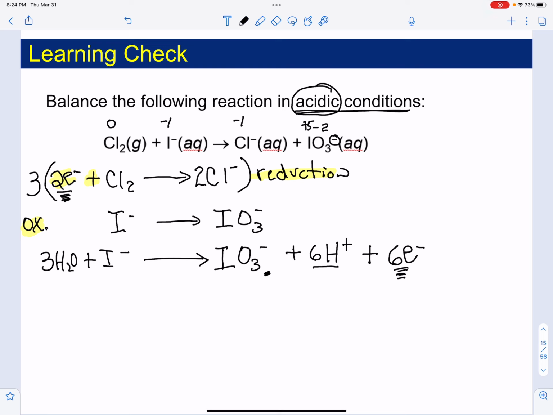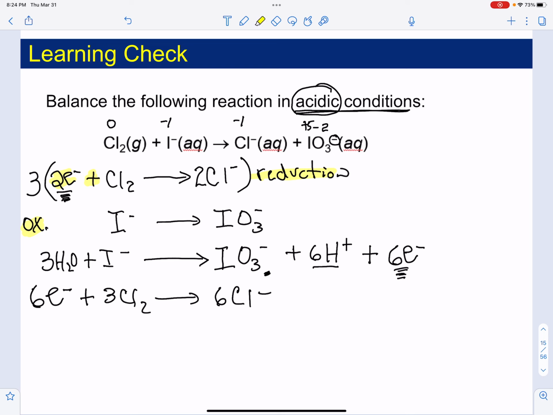That will give me 6 electrons plus 3 chlorines producing 6 chlorides, 2 times 3. And that way we have 6 electrons on the left, 6 chlorines on the left, and 6 chlorides on the right, with a total charge of 6 negative on both sides.